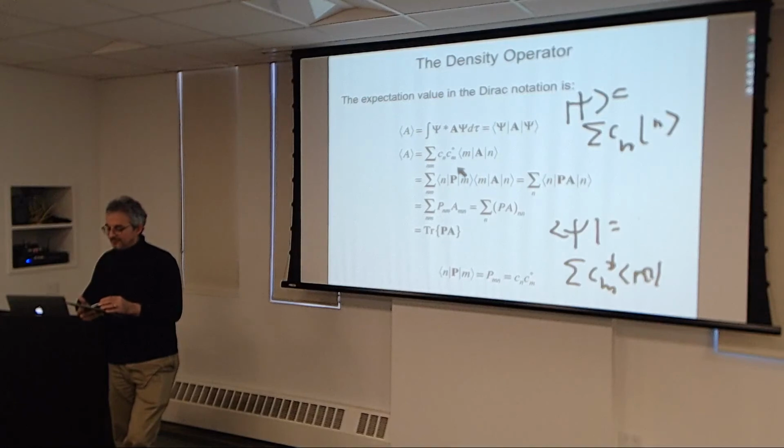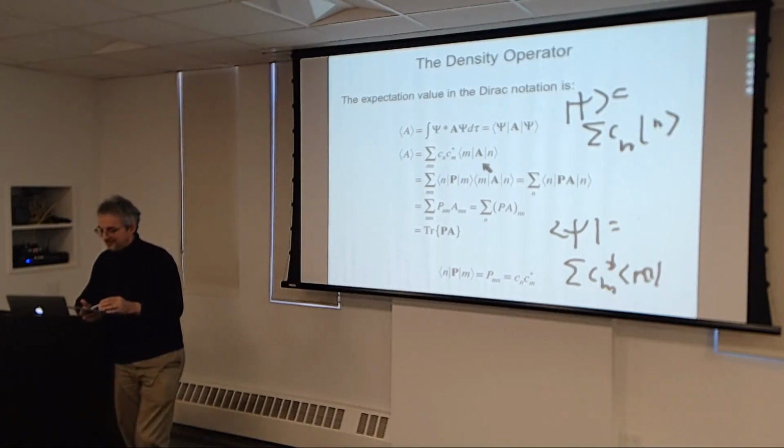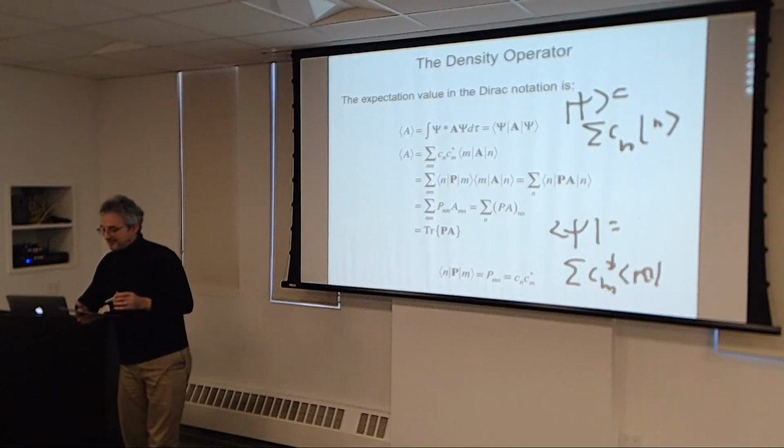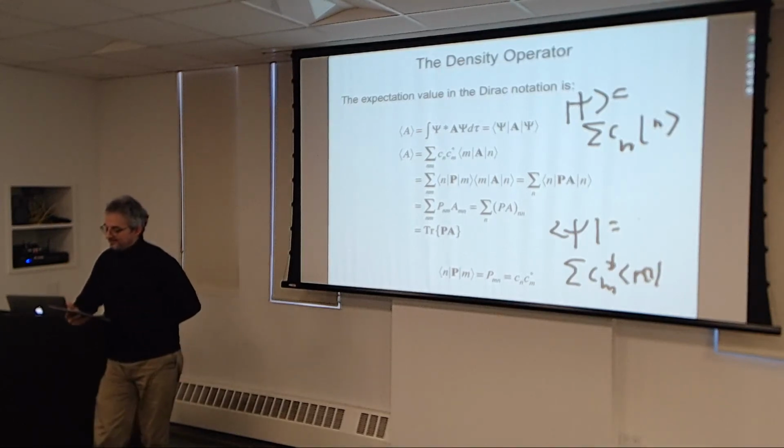And remember, this bra m operator ket n is the result of doing some integral. The result of doing an integral is always a number. It's a number that has two indices associated with it, m and n. So it's convenient to think of that as defining some matrix. Right?